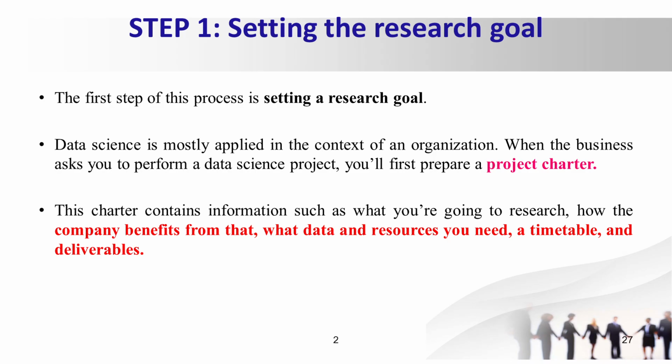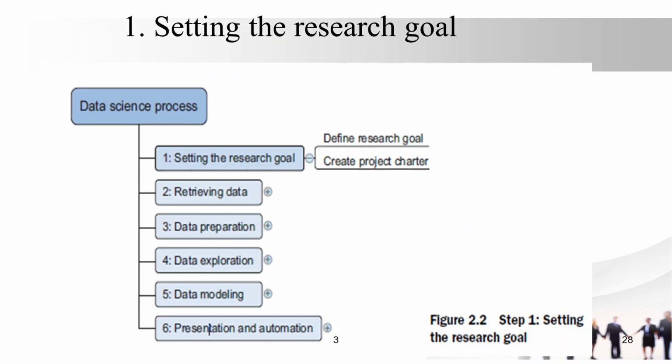This charter should contain information on how the company will get benefited, what inputs, data and resources you need, what is the time schedule within which you will complete, and the outcomes. Now, the first point is setting the research goal or setting the objective, and creating the schedule of the project.